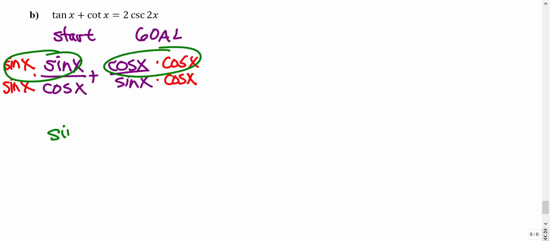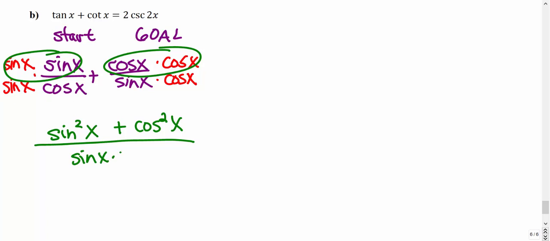We end up with sine squared x, since they have the same angle and it's the same trig function, plus cosine squared x, all over that common denominator of sine x times cosine x.